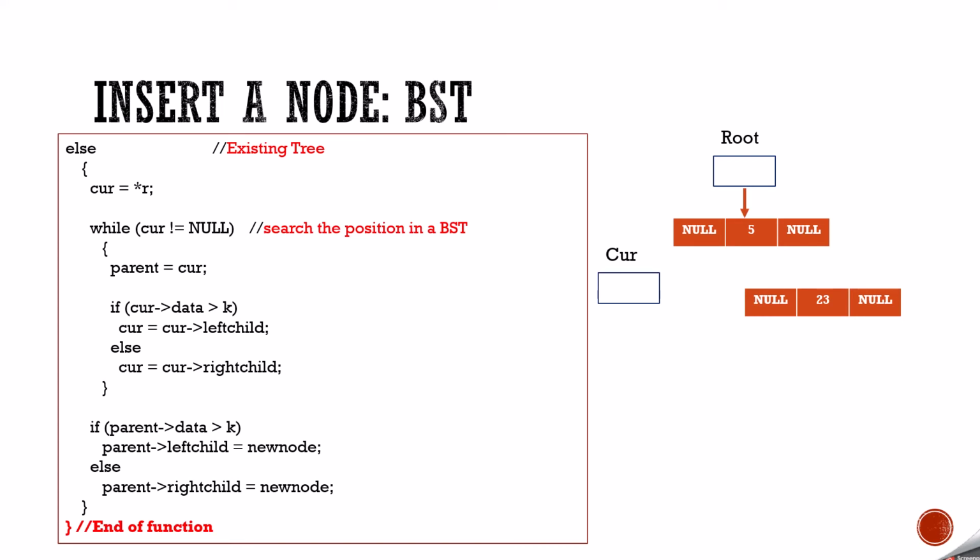So we'll take a variable called car, and then we'll assign the content of root to that car, so that since it contains the address of the first node, now onwards let us assume car starts pointing to the first node, that is the actual root node of that particular tree. Now we go on traversing this till we reach null, but we need that target node under which we are going to attach the new node.